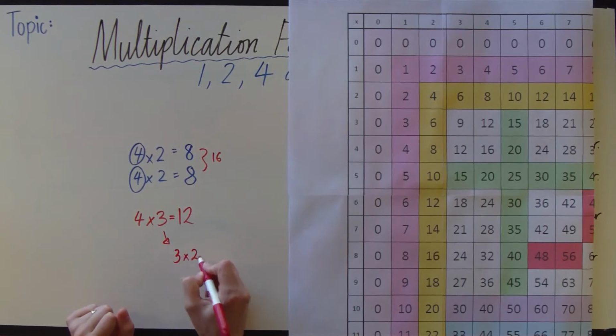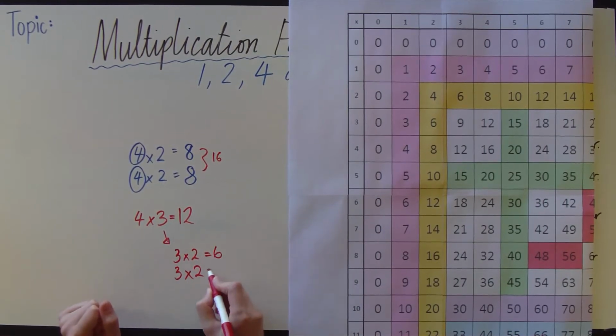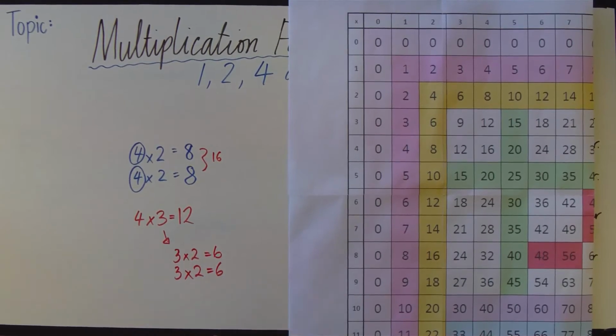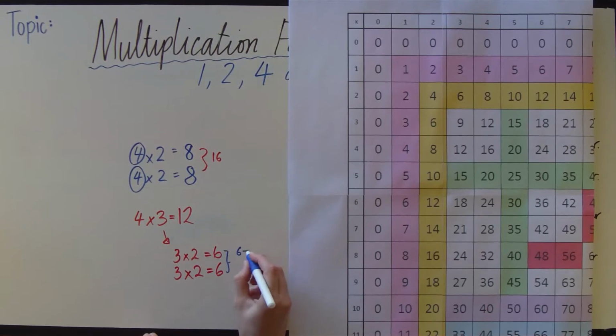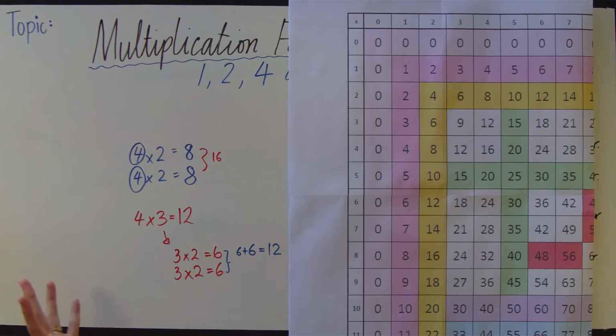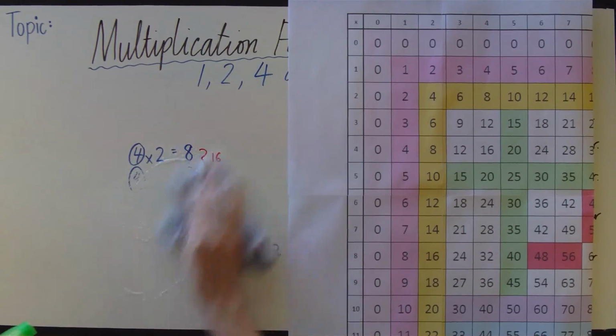So 3 times 2, 3 times 2. That one equals 6, and that one equals 6. And then you just add these together. 6 plus 6 equals 12. That's just one way of trying to remember and figure out the 4 times tables. Some of you might find that a bit tricky, and if it is, by all means find another way of working it out.